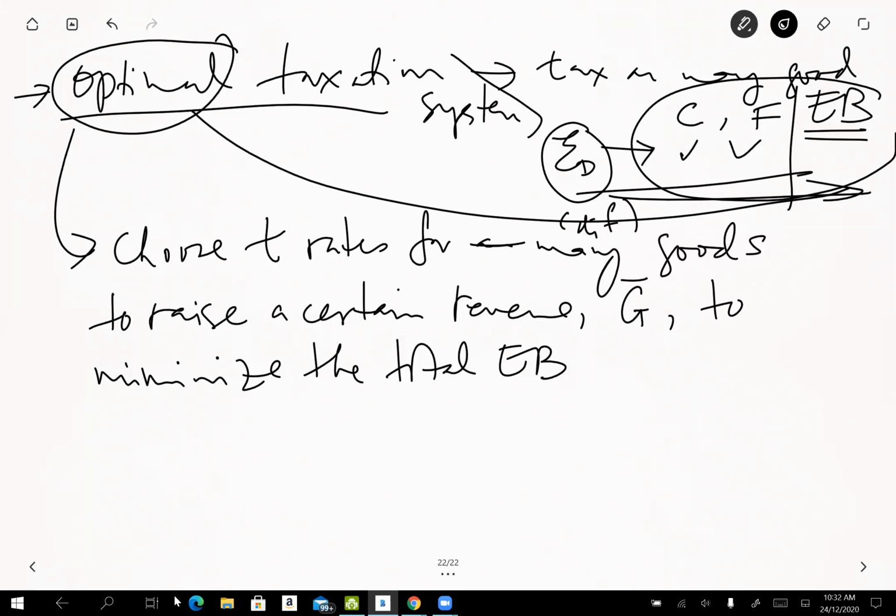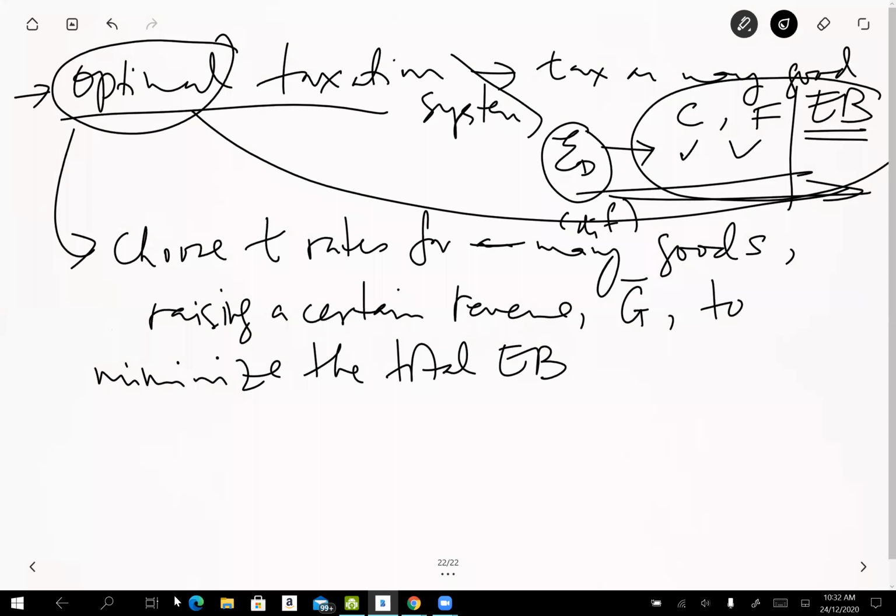Raising, I think the meaning is there, because we have too many "to"s. If you just want to rephrase, raising a certain amount of revenue to minimize the total excess burden.